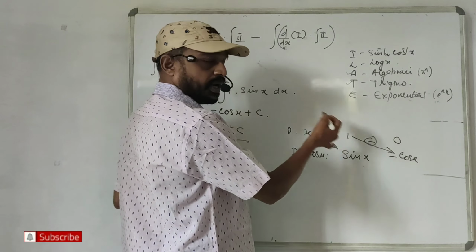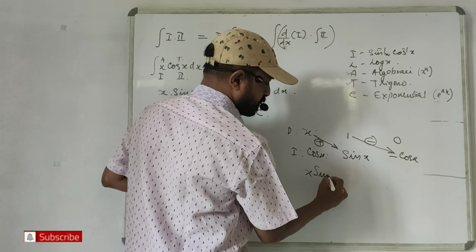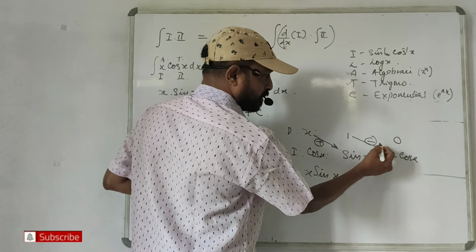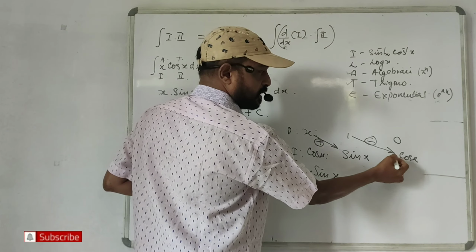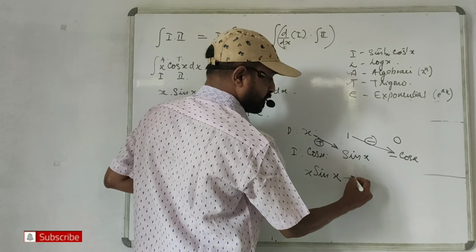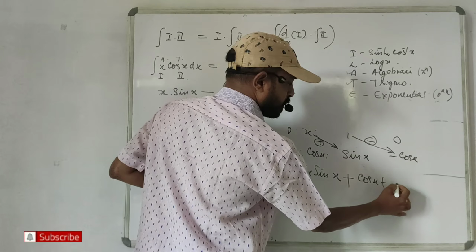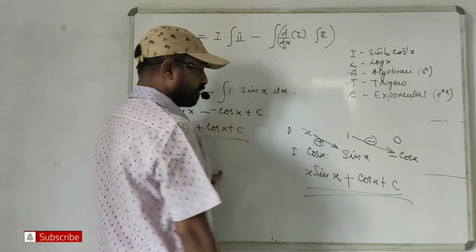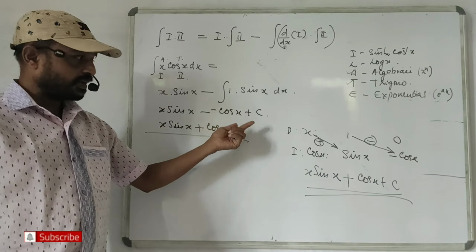So just multiply and add. So x into sin x is x sin x. Then minus, and this is minus cos x. Minus minus becomes plus. What is 1 into cos x? Cos x plus c. This is nothing but x sin x plus cos x plus c.